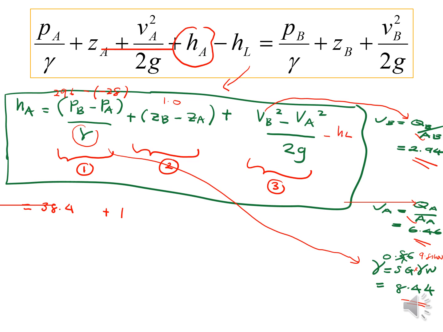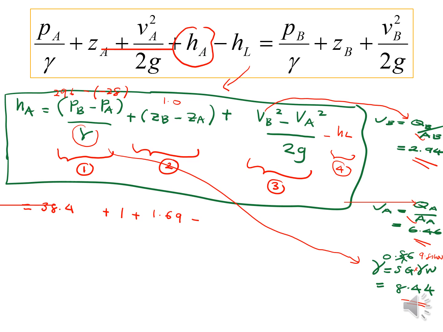This will be item number 4. Let's continue: item number 1 is 38.4, item number 2 is 1, which is ZB minus ZA, plus item number 3, which equals 1.69, and then minus item number 4, which is the HL.